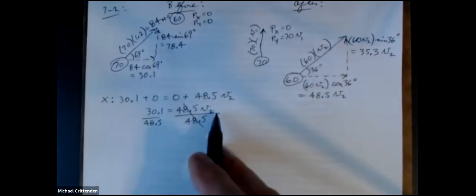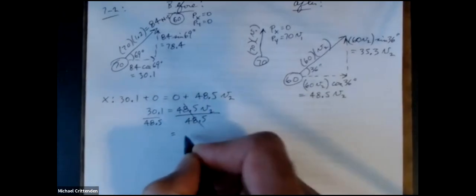So you just got 1 times V2. And when you divide 30 by 48.5, you get 0.620 meters per second.